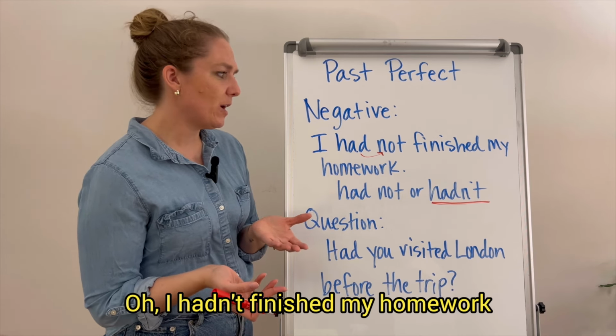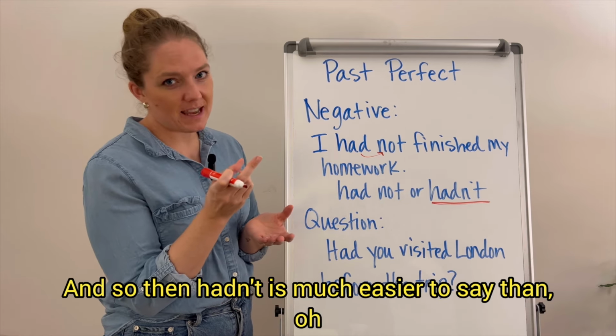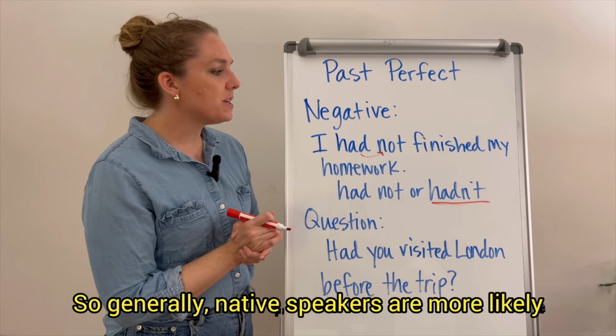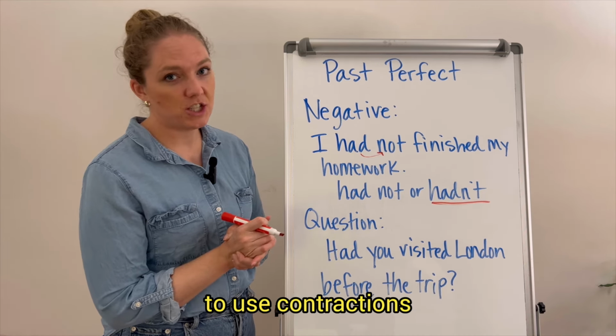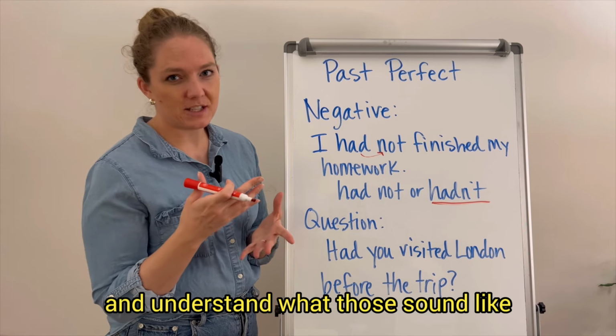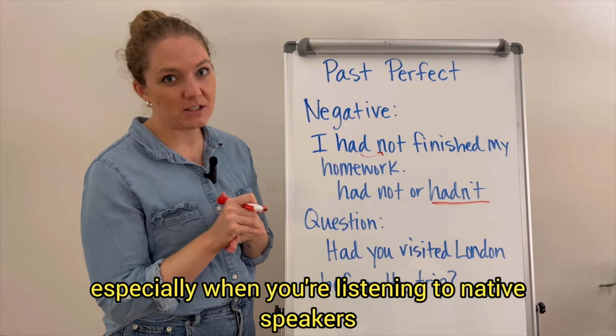And so then hadn't is much easier to say than, "Oh, I had not finished my homework." So generally, native speakers are more likely to use contractions, especially when speaking. So it's important to know and understand what those sound like, especially when you're listening to native speakers.